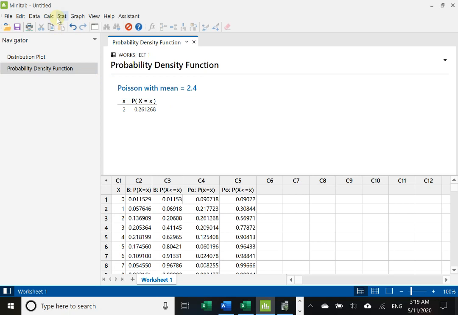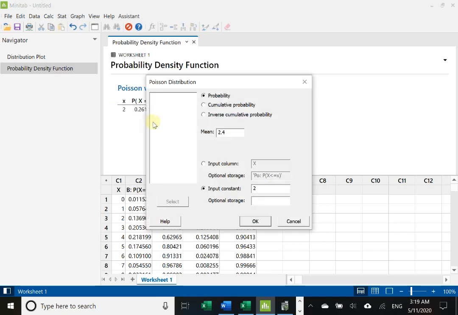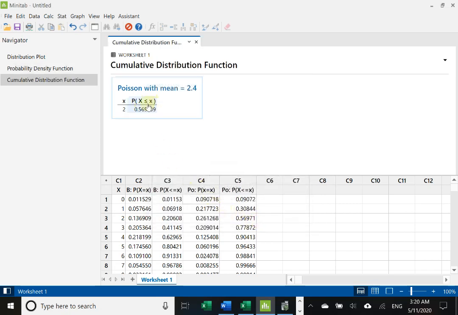In example number 3, part B, we wanted the probability of greater than or equal to 3. For that one, I can go Calc, Probability, Poisson. Now, to do greater than or equal to 3, remember I did 1 minus less than or equal to 2. So I'm going to choose cumulative, and 2 is good here. This is how I got less than or equal to 2 to be that.